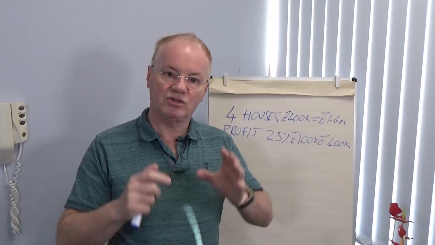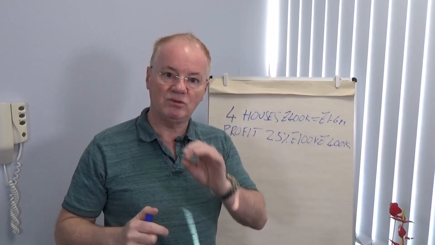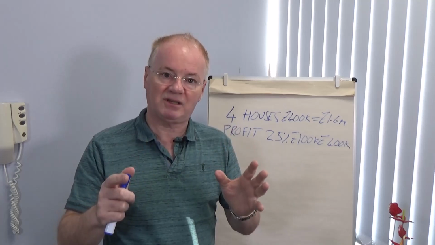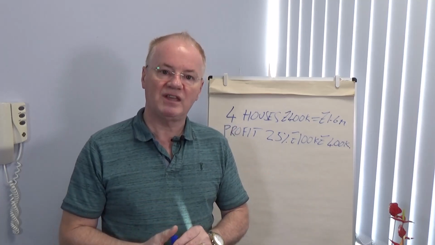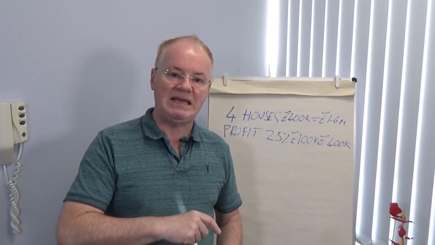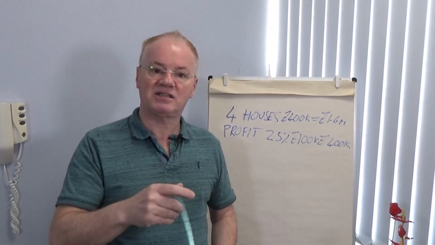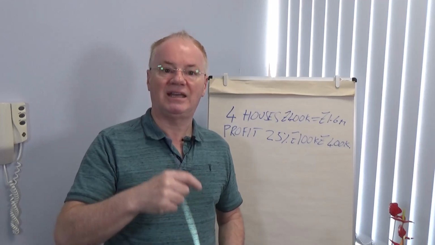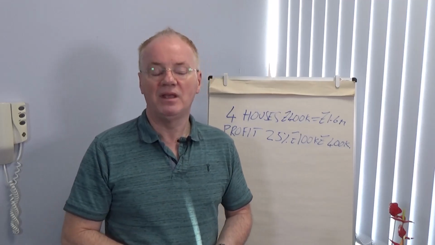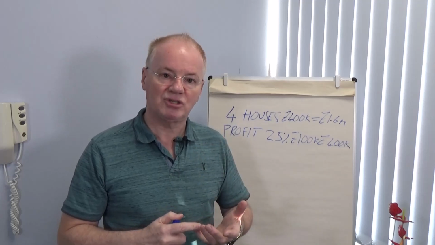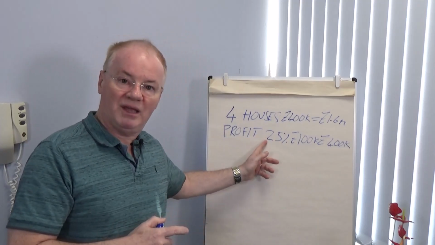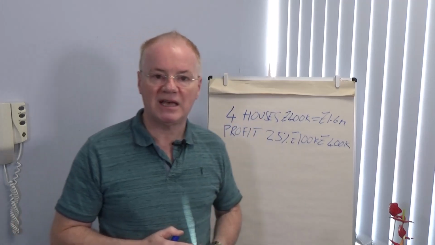There's the physical structure that you are going to build, that is the build cost of that particular house. And then you're going to have the second, which is everything else that was associated in getting you into that site in the first place, and also getting you out of that site. So getting into the site would be things like applying for planning permission. I know we talked about having full planning, but we'll come to that in a moment.